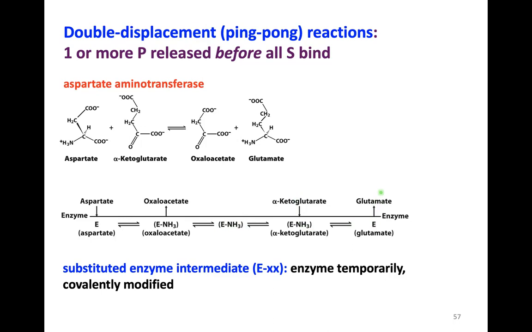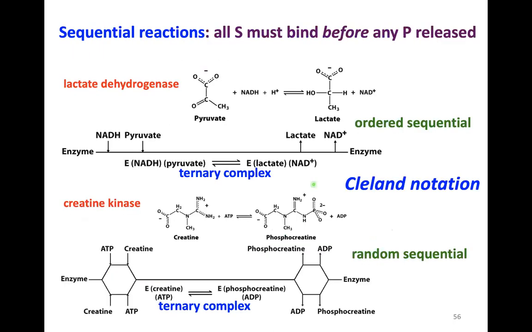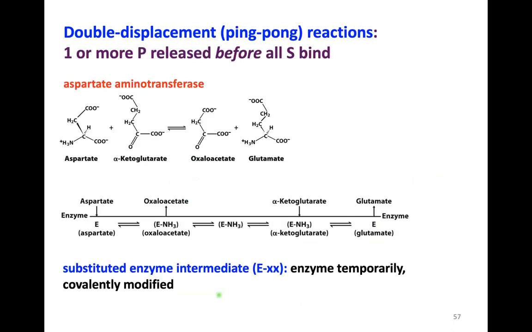Glutamate goes off as our second product, and we're left with our untouched enzyme again. So the difference is that the sequential mechanism has this non-covalent ternary complex happening, while double displacement or ping pong has a temporary covalent modification of the active site.